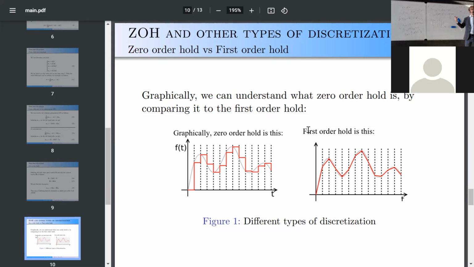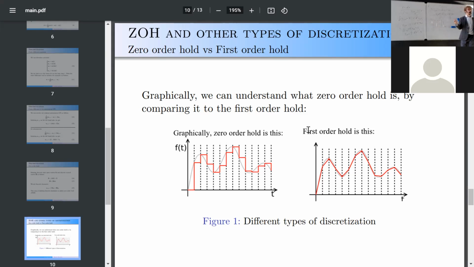So you say, okay, we have a derivative, x dot, which is the same during this whole period of time. And this is how we discretize it: we compute x sub i plus 1 as an area under the curve. So this is why it is zero order hold. Zero because it doesn't change.